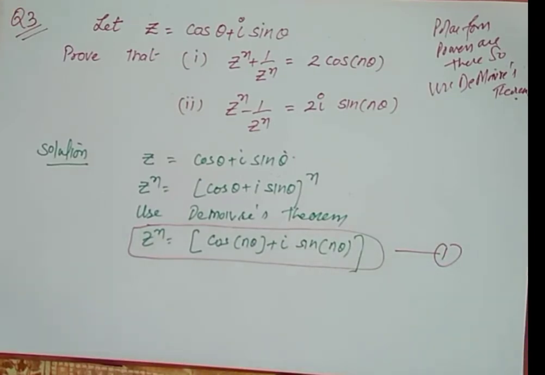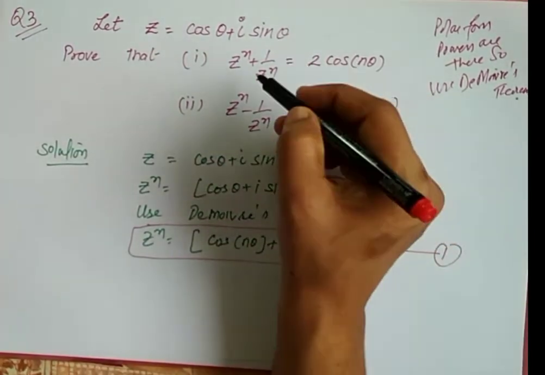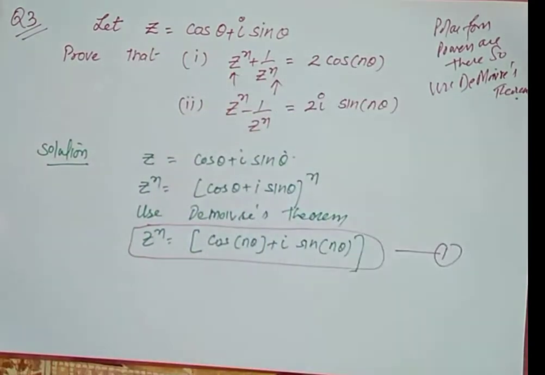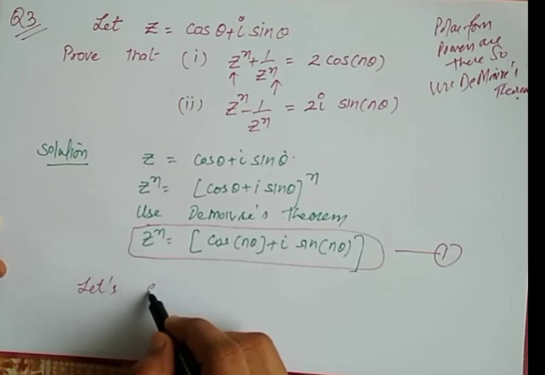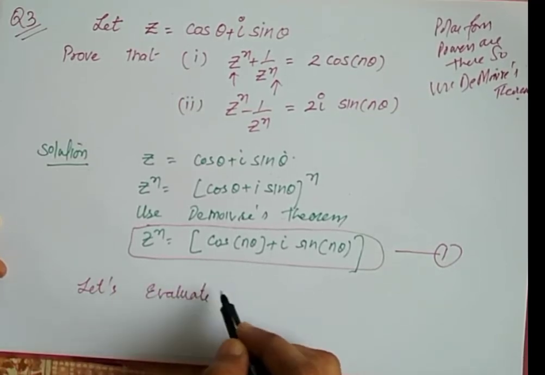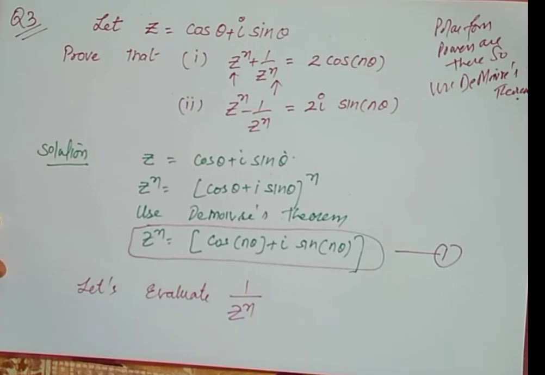Let us evaluate now 1 upon z. In here we need this and this. Let us evaluate 1 upon z raised to power n.